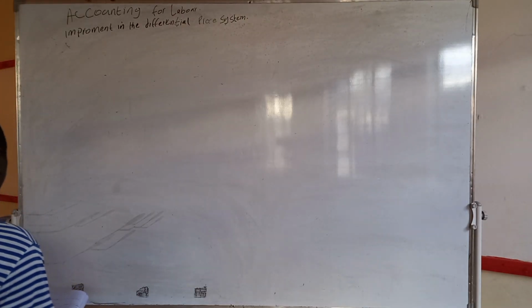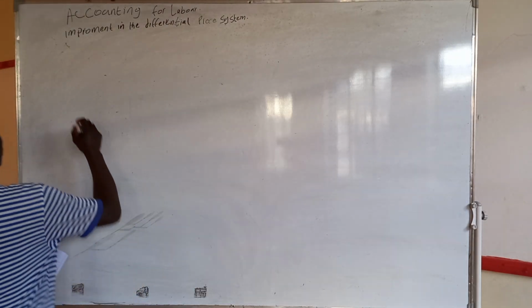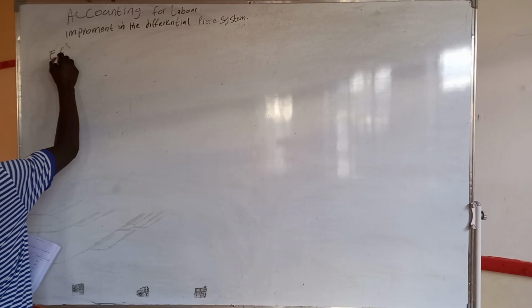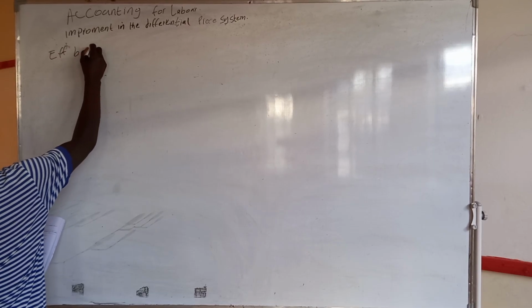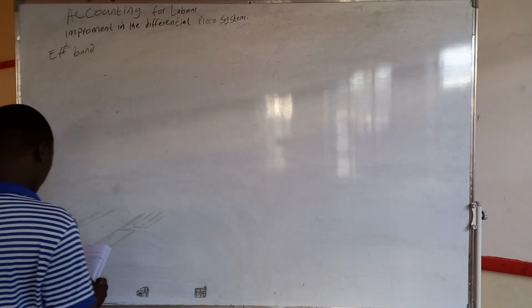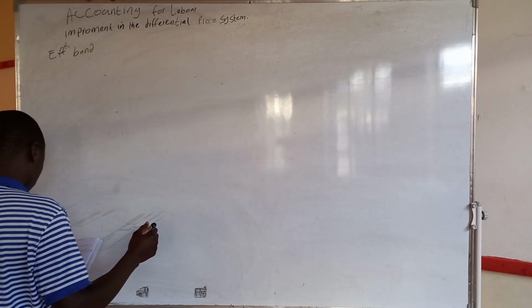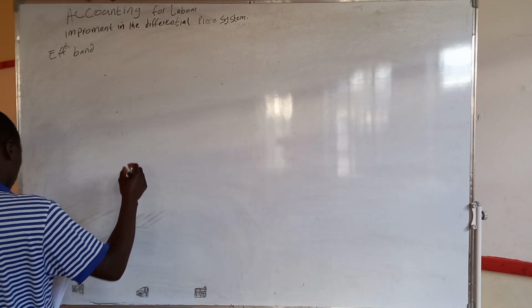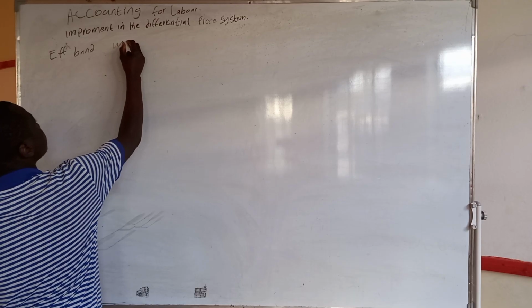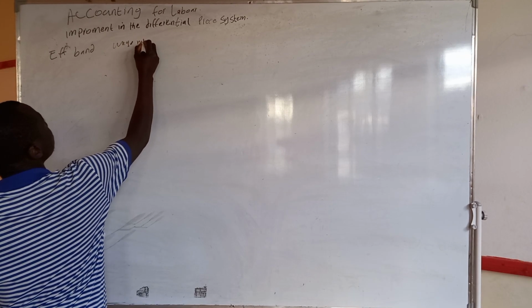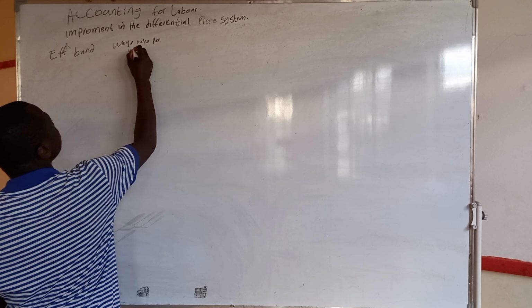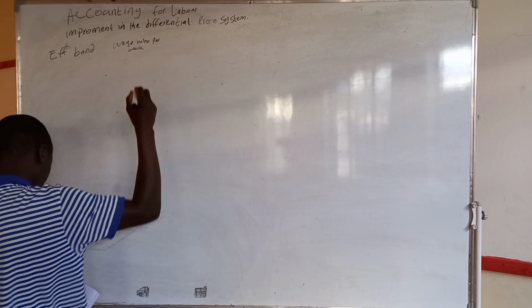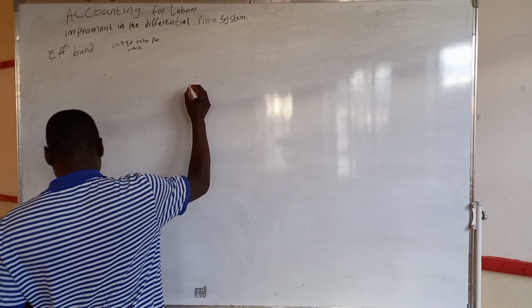So we start with the bands, so efficiency band. Then we go to wage rate per week. We go to workings.